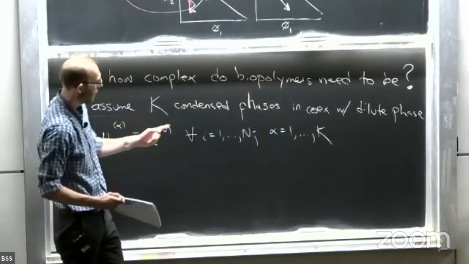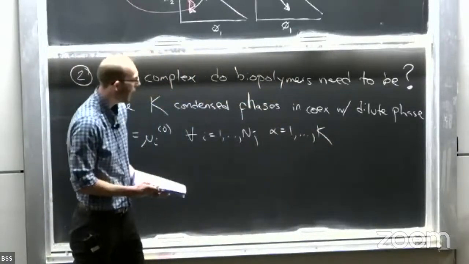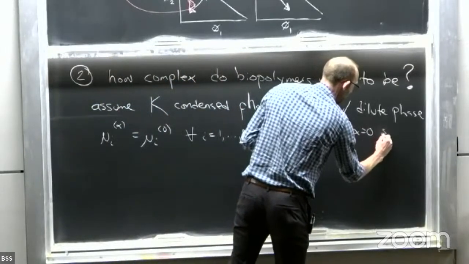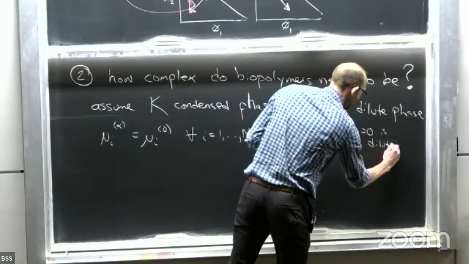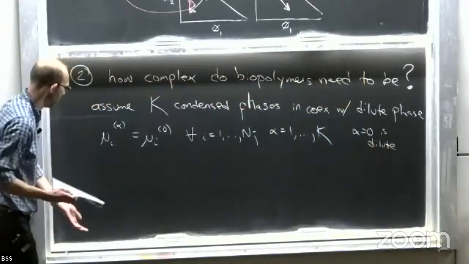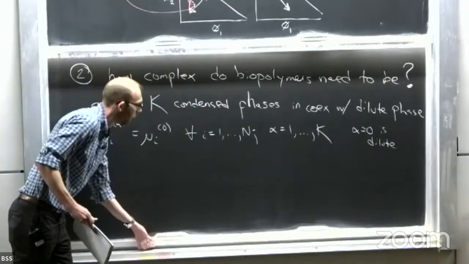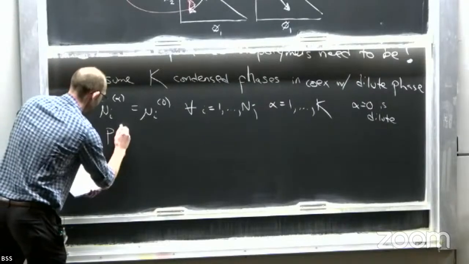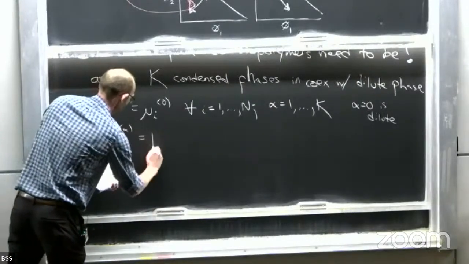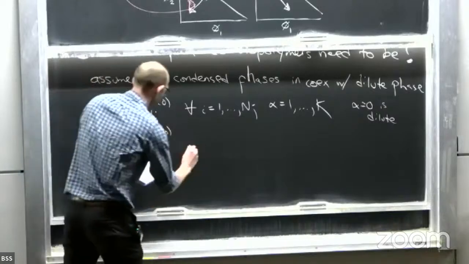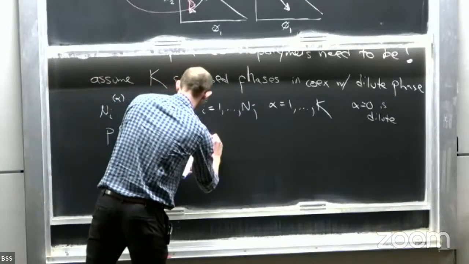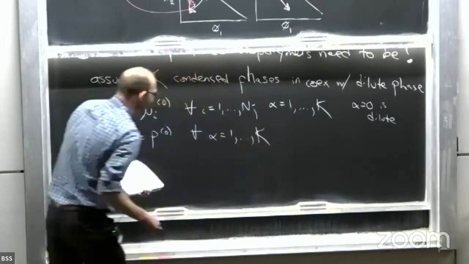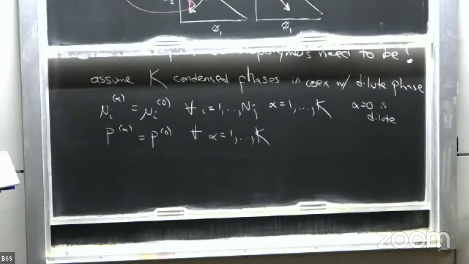So we have K phases, so alpha goes from 1 to K. Alpha equals 0 is our dilute phase. This is what we want to have.